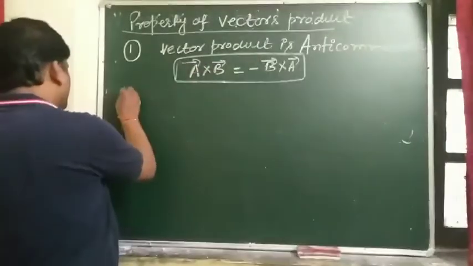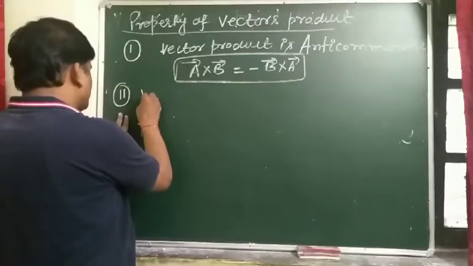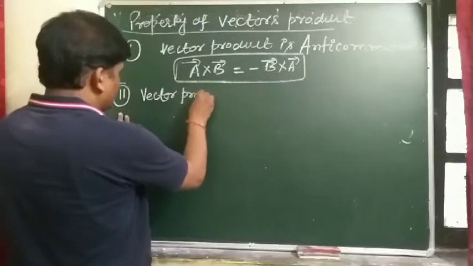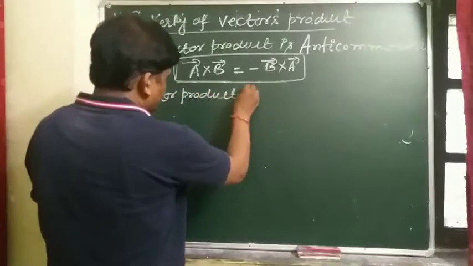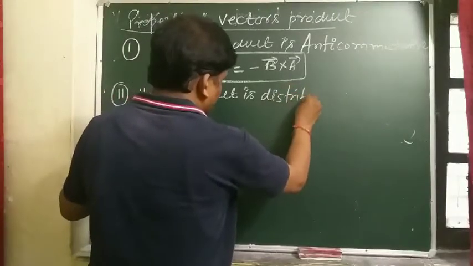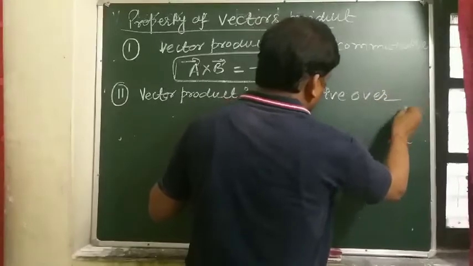Second property, students: the vector product is distributive over addition.